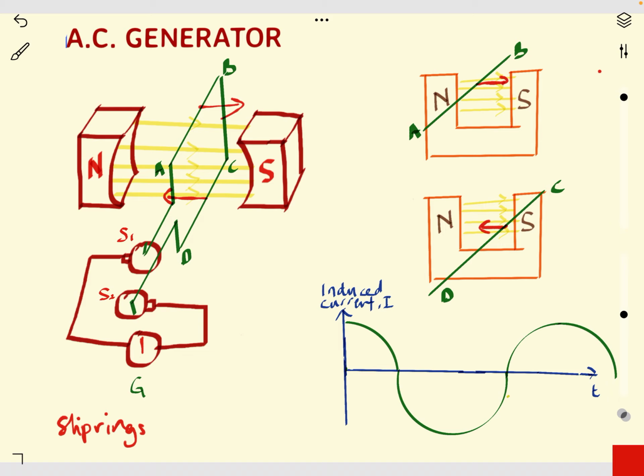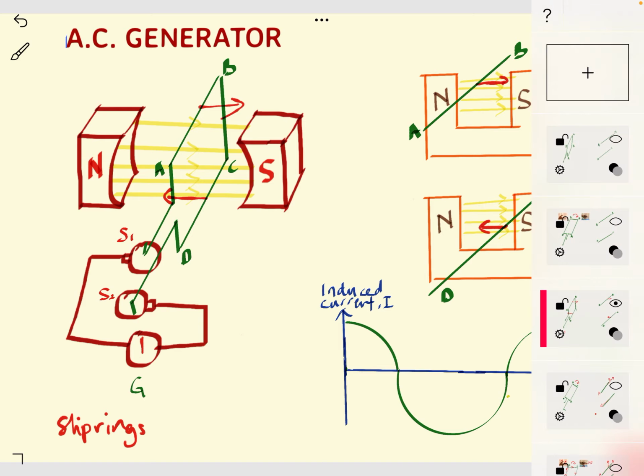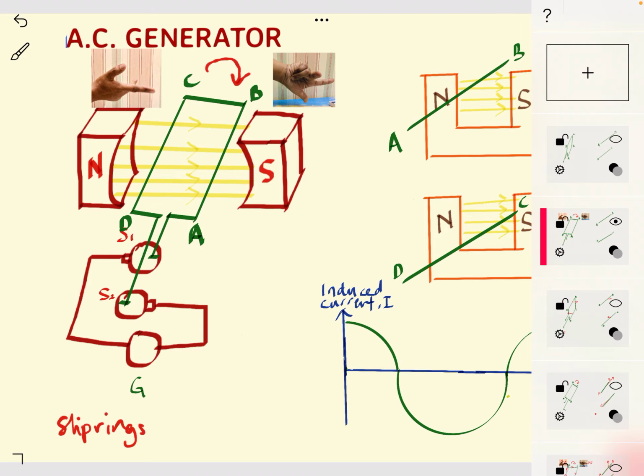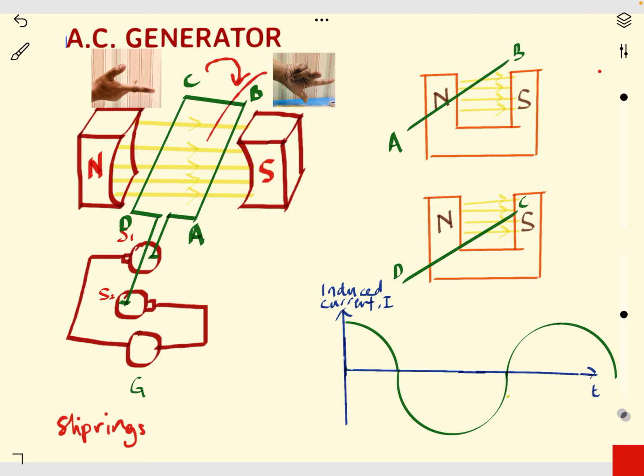So what happens next? You can see it yourself. Now AB is already on the right hand side of the generator.